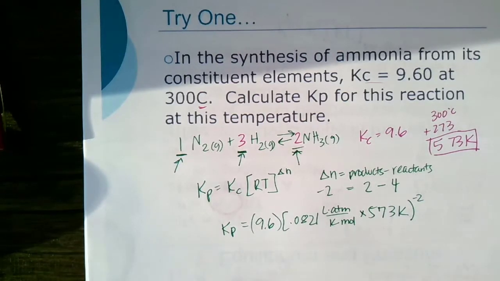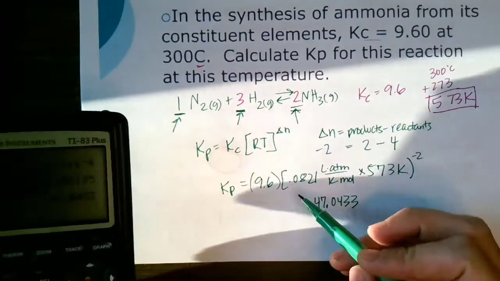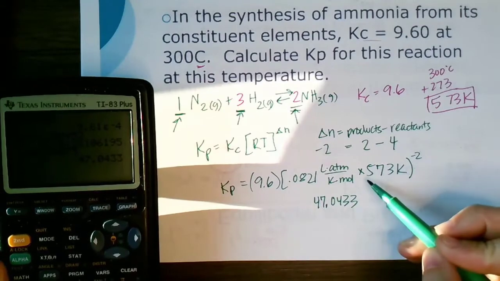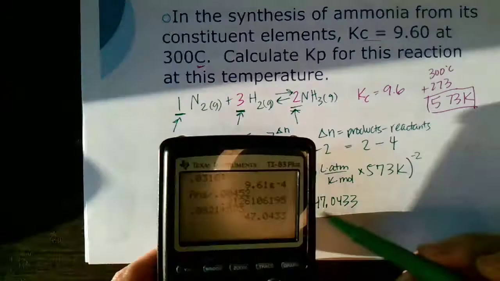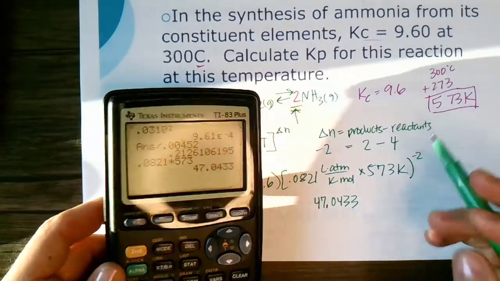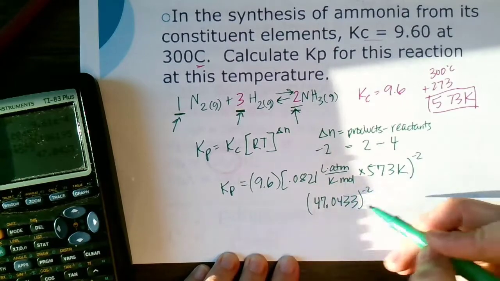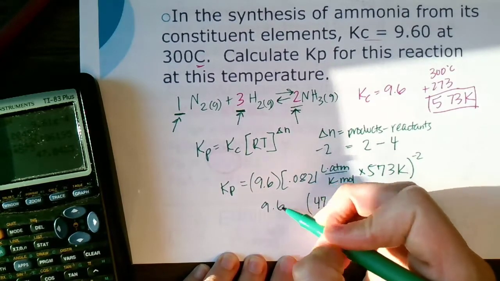So let's plug that into our calculator real quick. When I multiplied 0.0821 times 573, I got 47.0433. I'm going to raise that to the -2. And after I do that, I need to multiply it by 9.6 still.